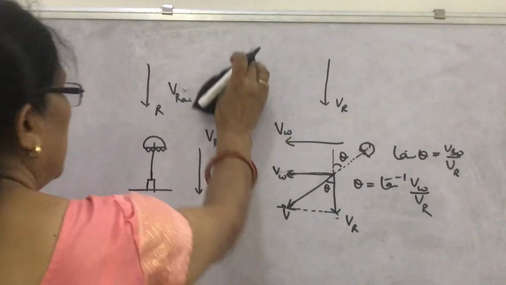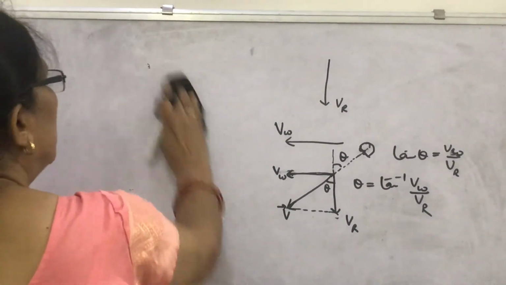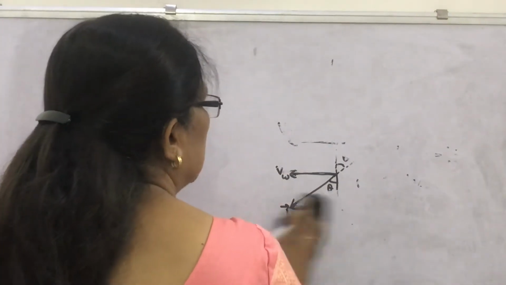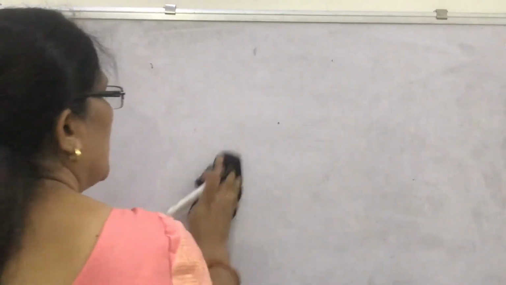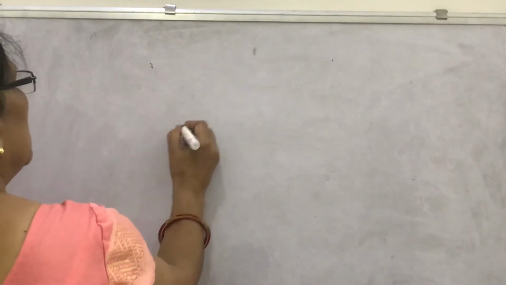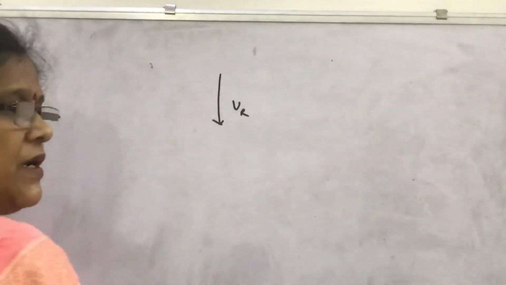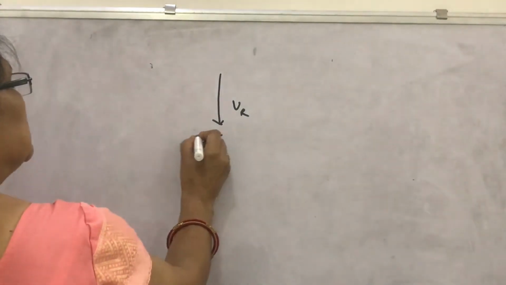Now the third case which I am going to tell you is that a person is moving. Suppose he is driving a bike, and suppose this is the direction of rain as given, vertically downward. In this case, the person is moving in this direction.